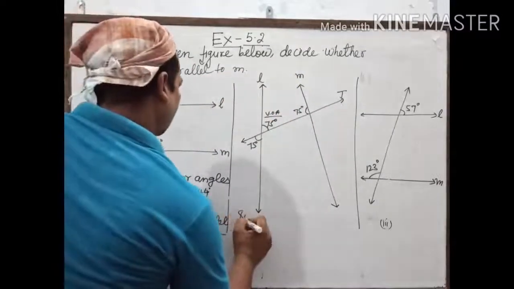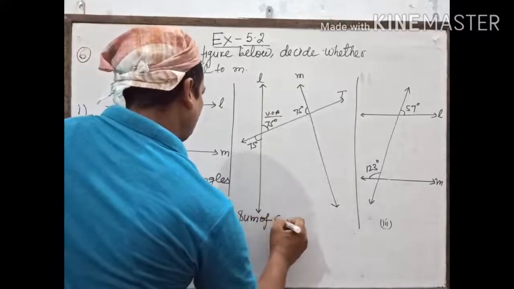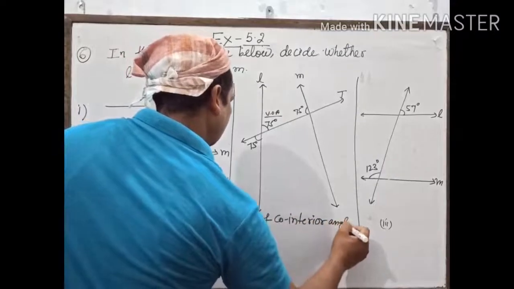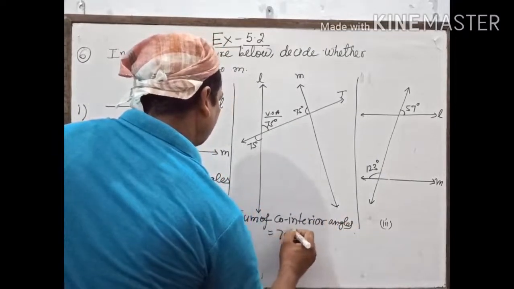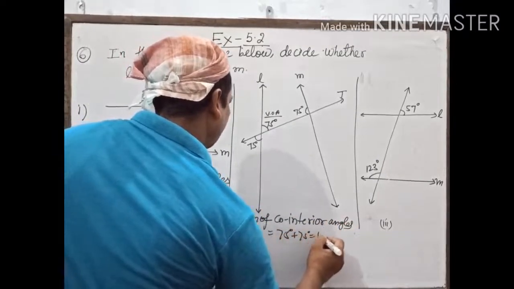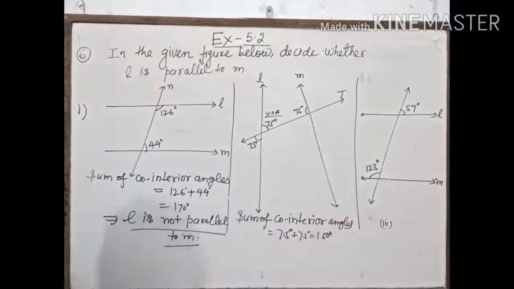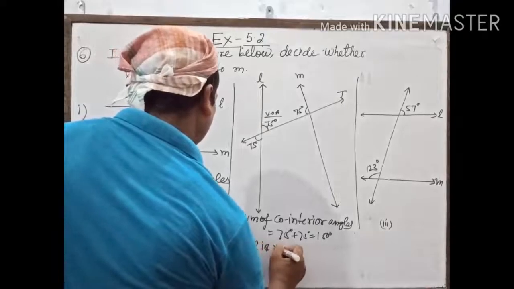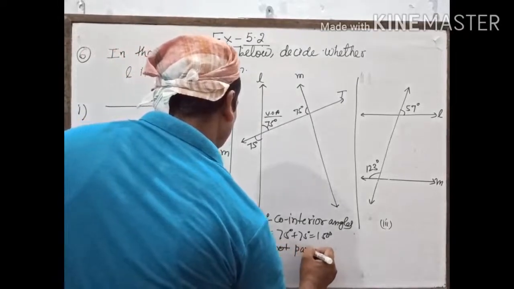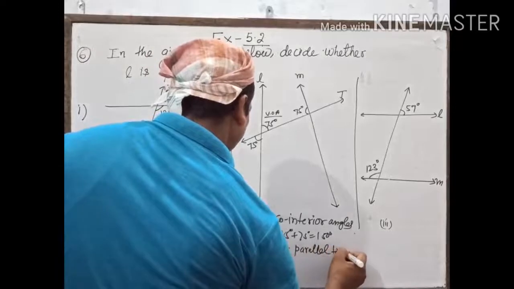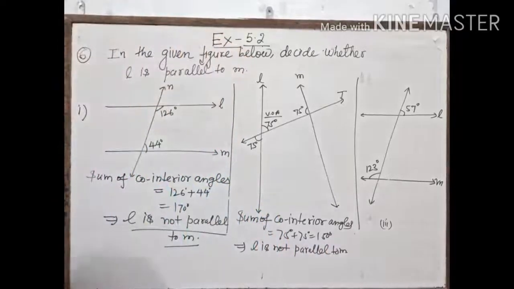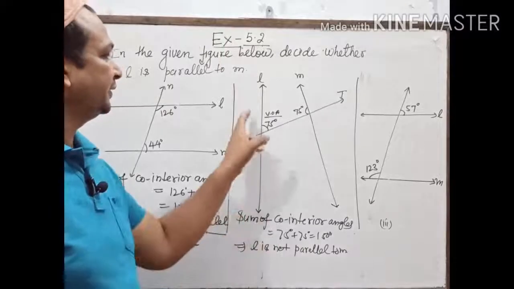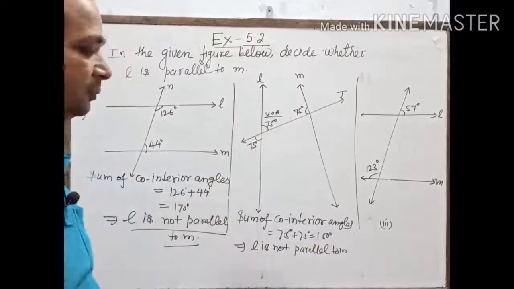Again, the sum of co-interior angles, 75 plus 75, is 150 degrees, not supplementary. This implies that L is not parallel to M because co-interior angles are not supplementary. This means the intersected lines are not parallel.